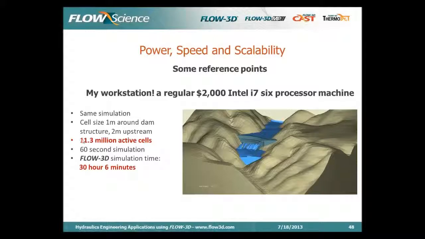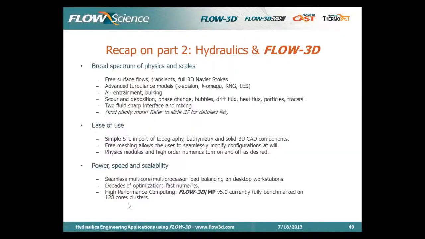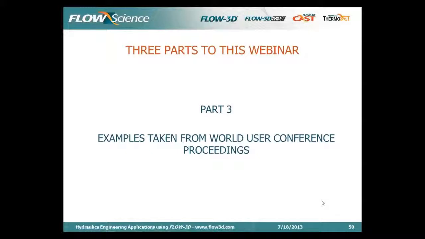If I'm more ambitious and want 11 million cells for something pretty accurate, 1 meter cells around the dam, the simulation time then is 30 hours, which is still pretty good considering the scale and the detail of the simulation. So recap: broad spectrum of physics, ease of use, and power, speed, and scalability. That's, I think, the take-home message.